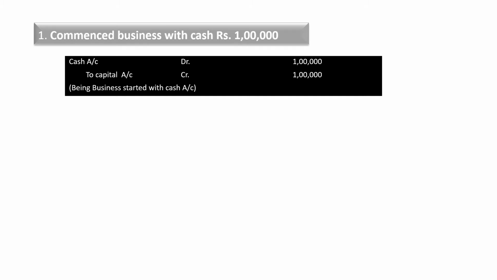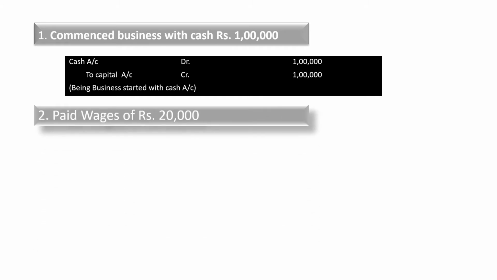Then to capital account credit. It is not a liability actually, but we will treat it as a liability from the point of view of the business. So capital is a liability, so we need to credit it. Liabilities are credit balances, so we have credited it. This is the first transaction.